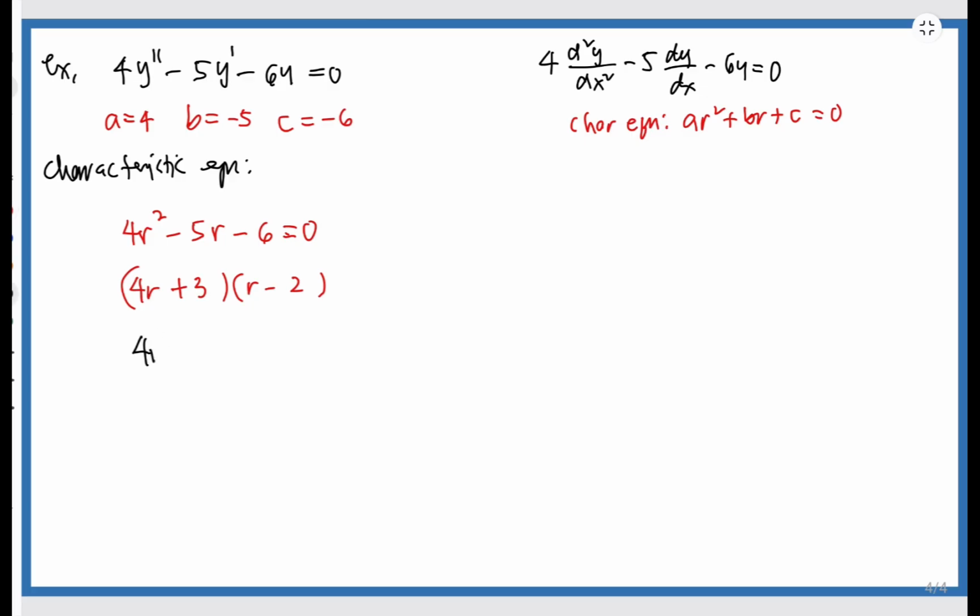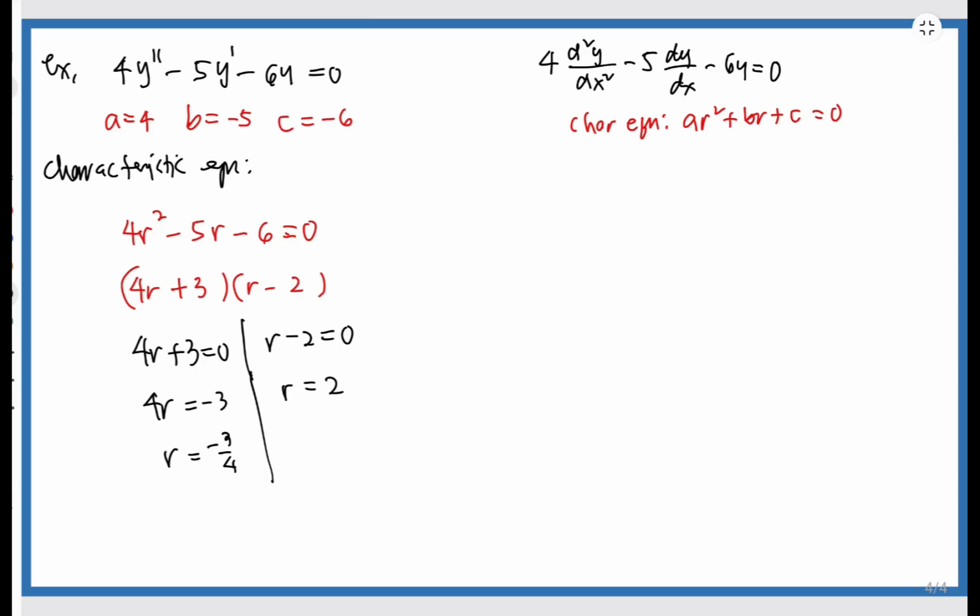Equating to 0, 4r plus 3 equals 0 and r minus 2 equals 0. So 4r equals negative 3, r equals negative 3/4. Here, r equals 2.